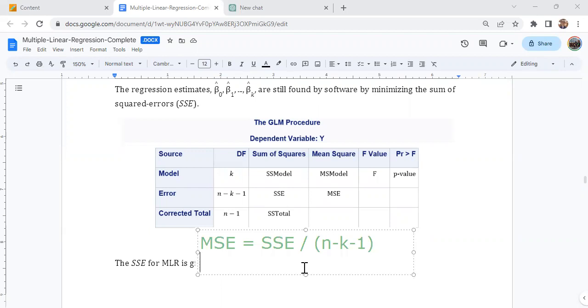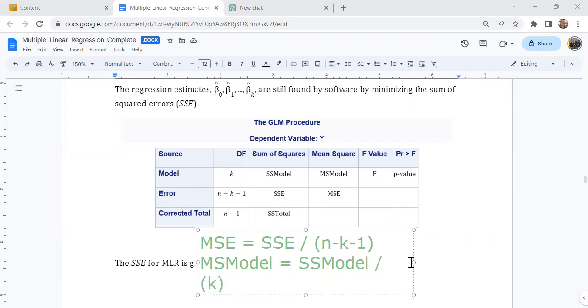And similarly, MS model is equal to SS model over k. Each of the MS's is equal to its corresponding SS over its degrees of freedom.